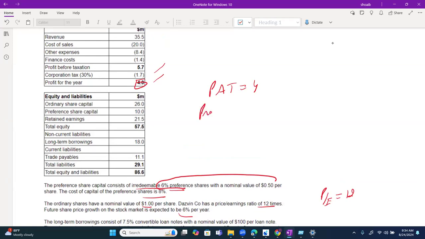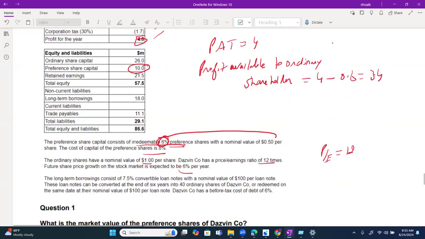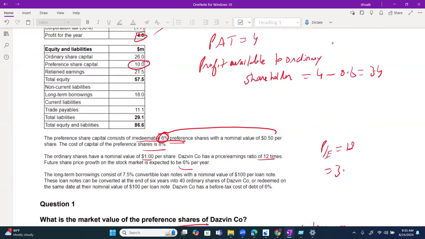So profit available to ordinary shareholders we have to calculate. Four minus 6% on 10, 0.6, 3.4.